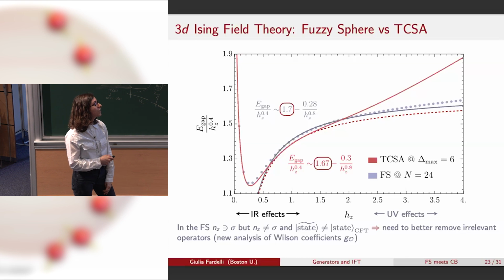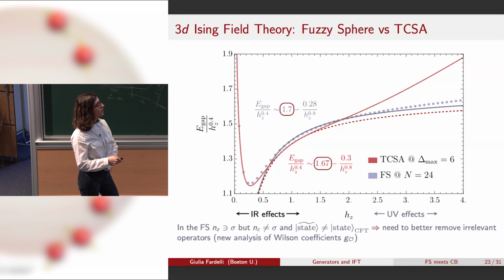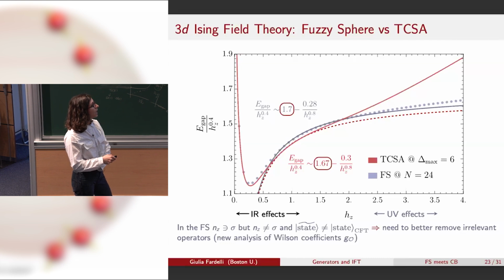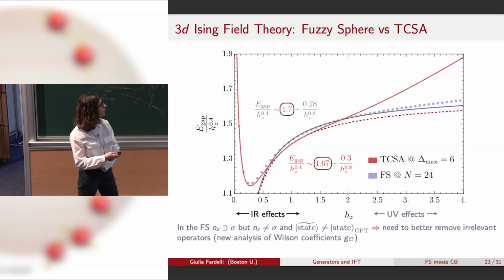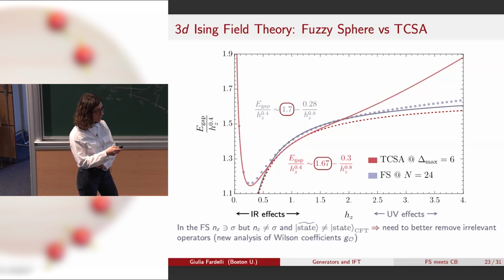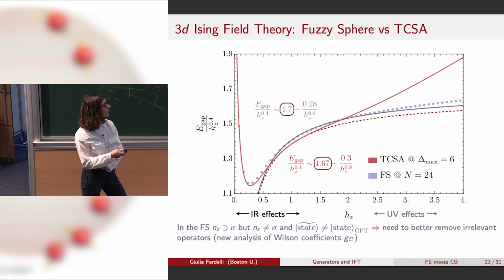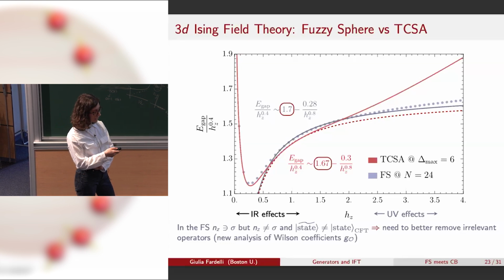And also, it is important to recall that the states that we get from the fuzzy sphere are not exactly CFT states, so they also get corrected. And so the idea is that we actually need to improve this result. We should really try to remove these irrelevant operators even better. So what we are starting to do is a new analysis of this Wilson coefficient.